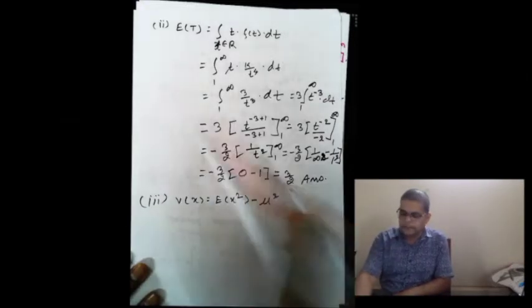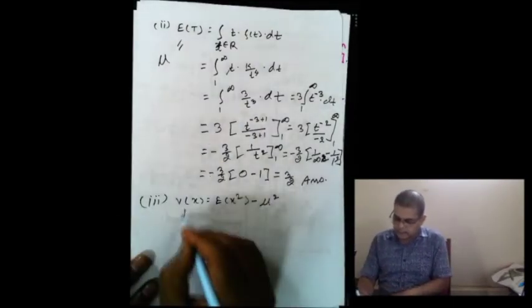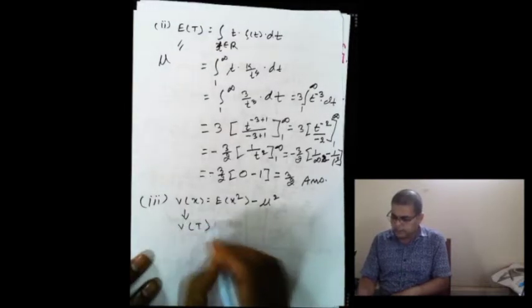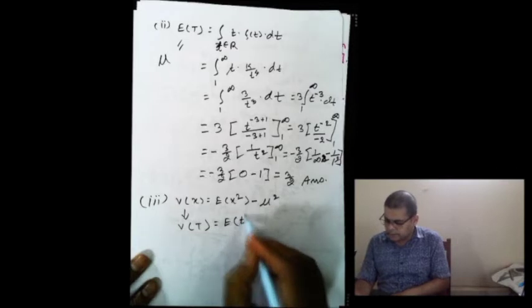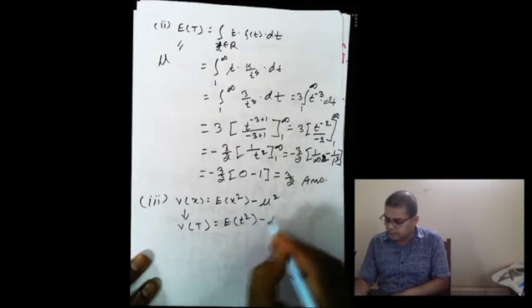So this is our mu, and mu is already calculated, so we should now try to calculate this. But in this case the random variable is given as t, so we write V(t) equals E(t square) minus mu square. You can use a capital letter also, it doesn't matter, or a small letter.